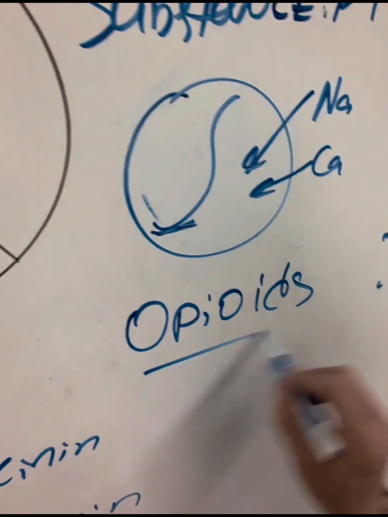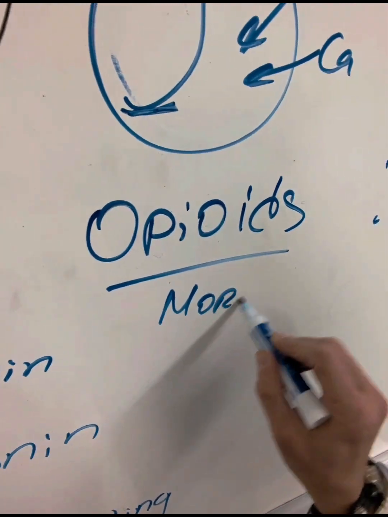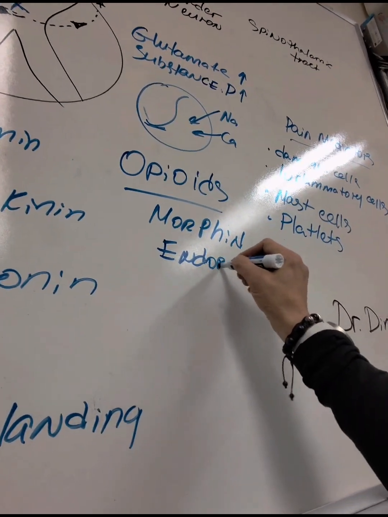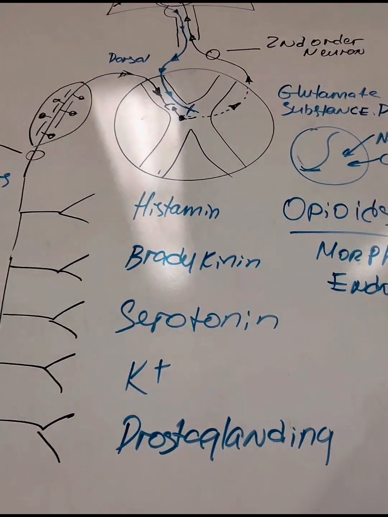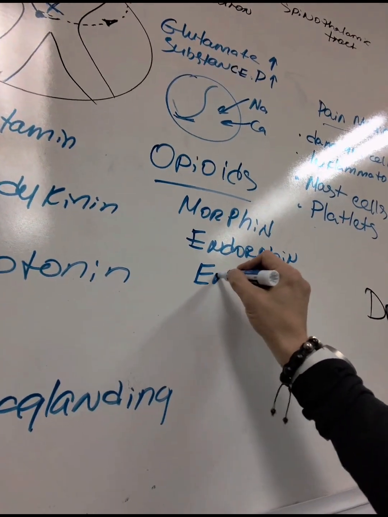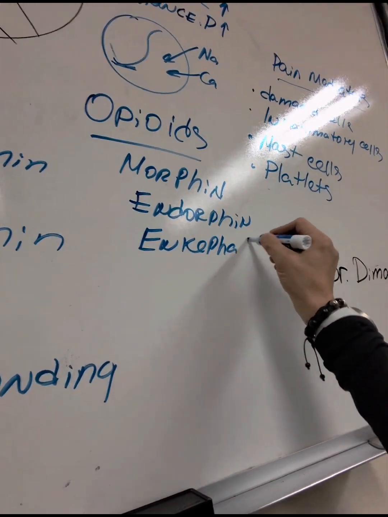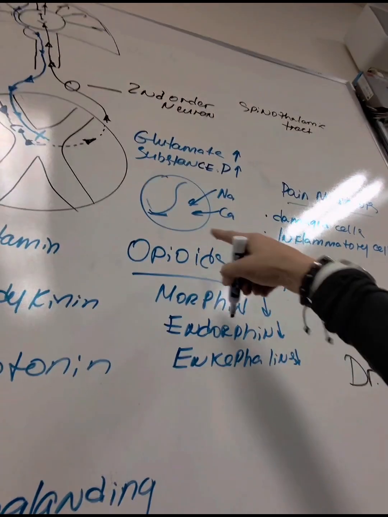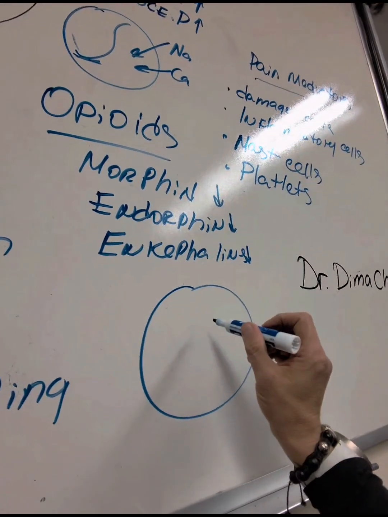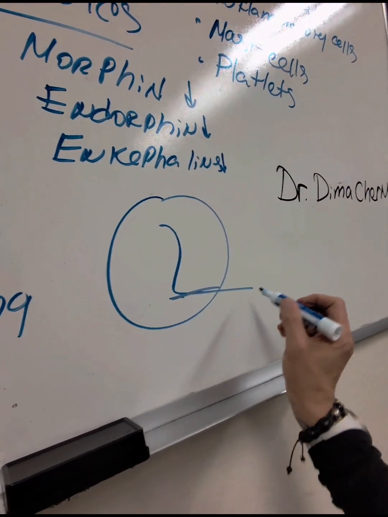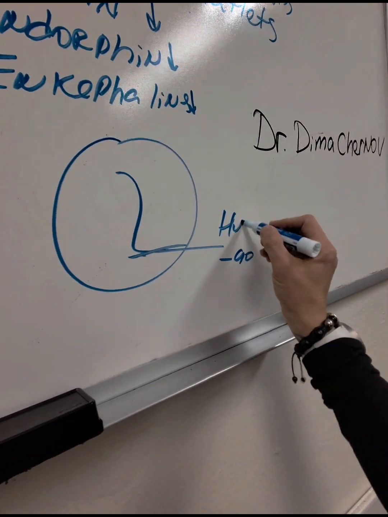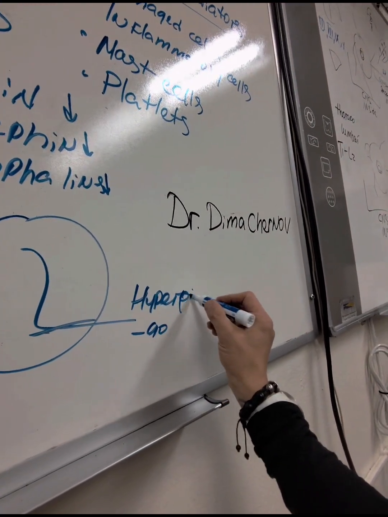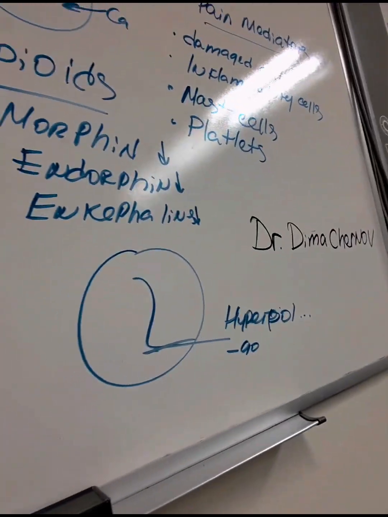Opioids like morphine, for example, basically endorphins, enkephalins. So they will inhibit this pain. By inhibition, we need to hyperpolarize the membrane, let's say to -90.